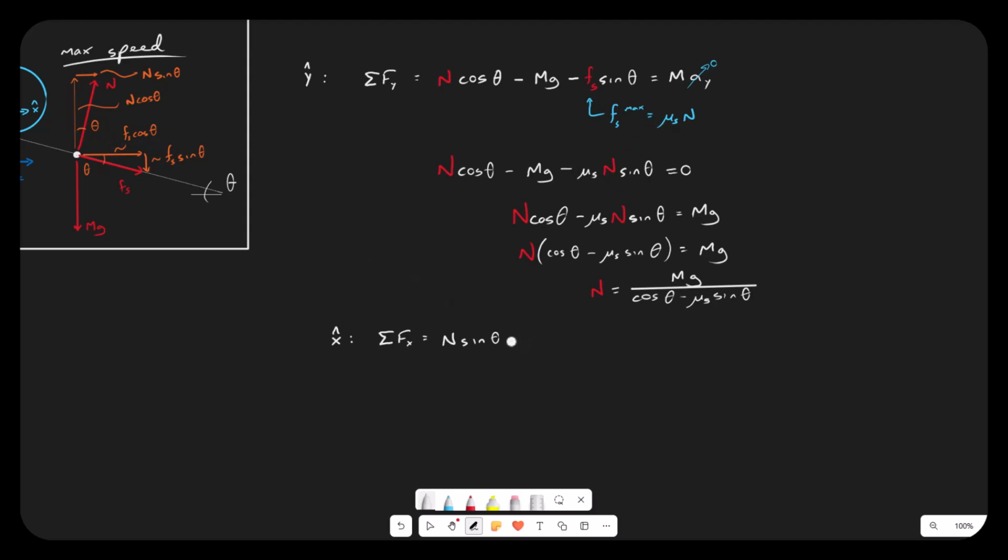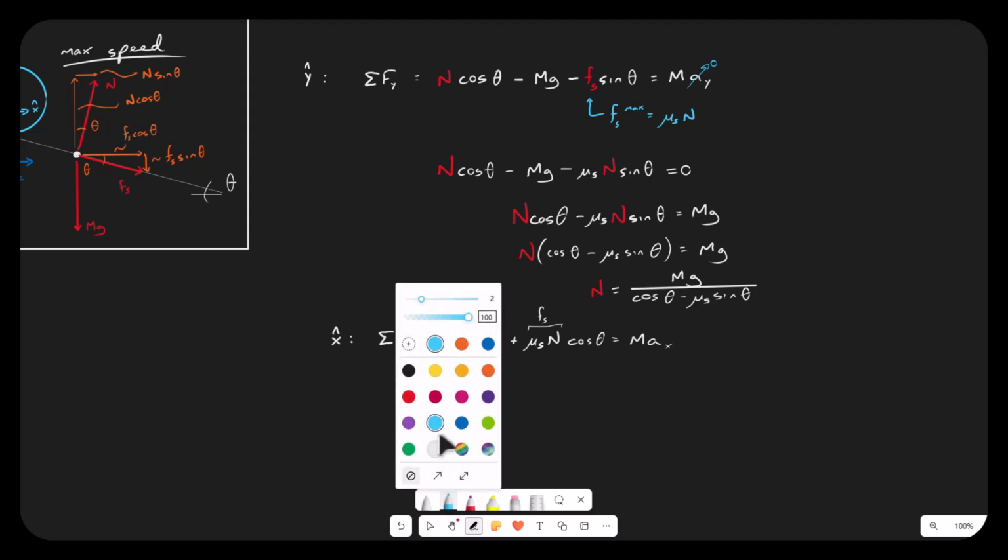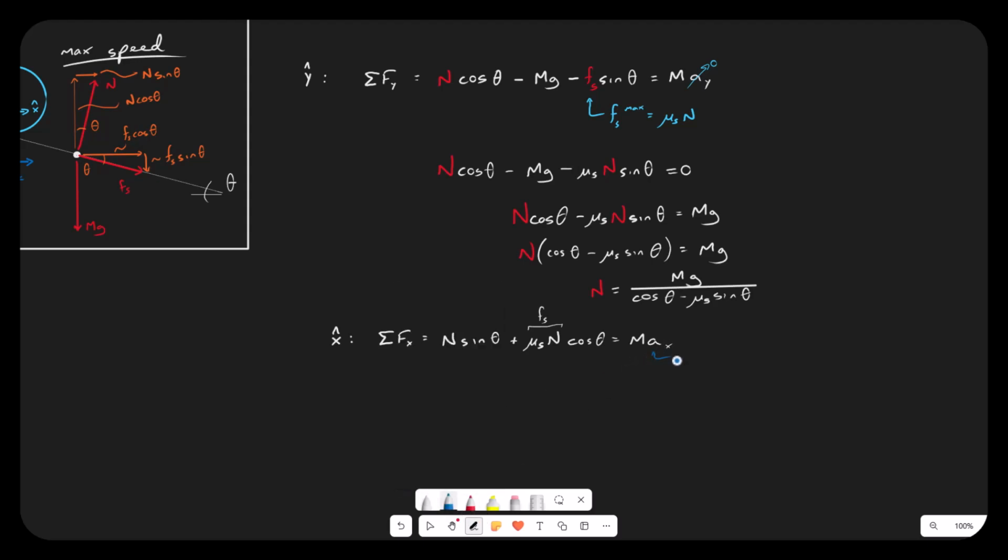Fs is mu s N, so plus mu s N, and then all that part is just Fs. I need Fs cos theta, so times cos theta equals mass times acceleration in the x direction. My acceleration in the x direction is going to be a centripetal acceleration, and that's going to be v squared over r.